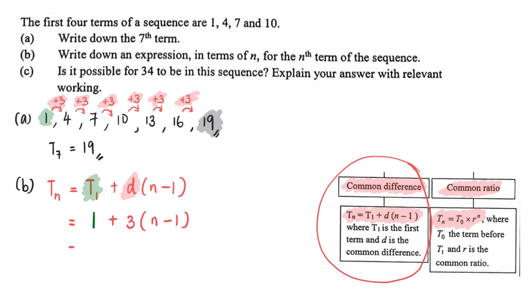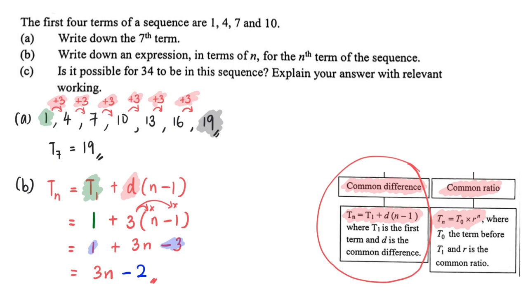And usually we would like to advocate to just simply simplify. So this will be 3n minus 3. Final answer: 3n, 1 minus 3 will be negative 2. And that's how I get my nth term.